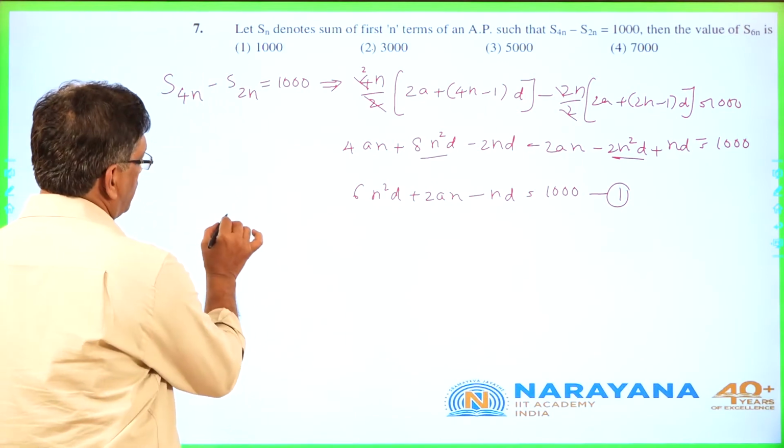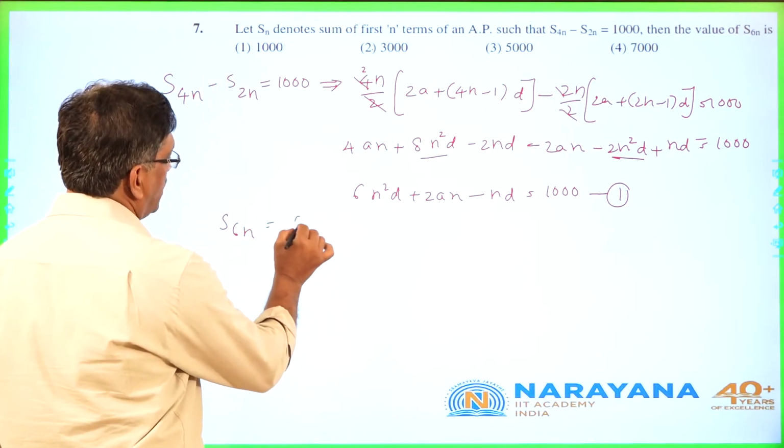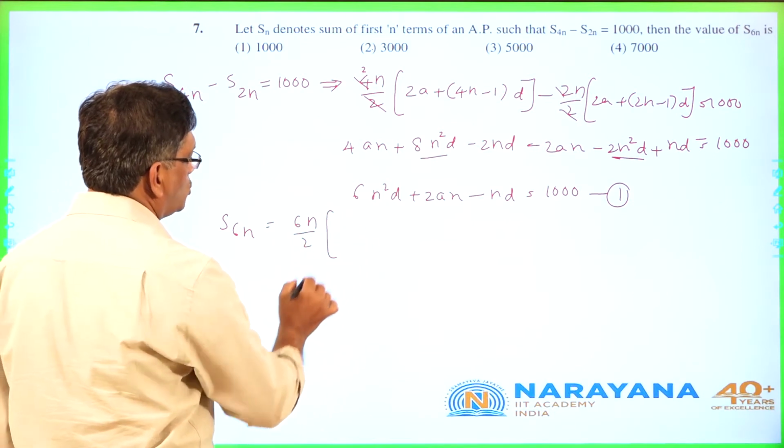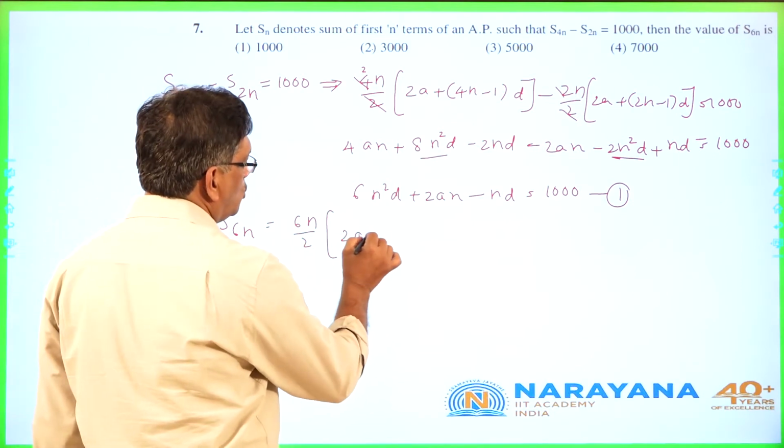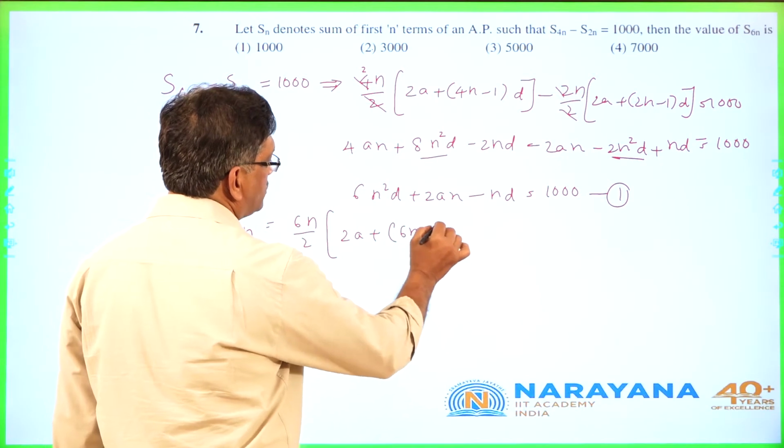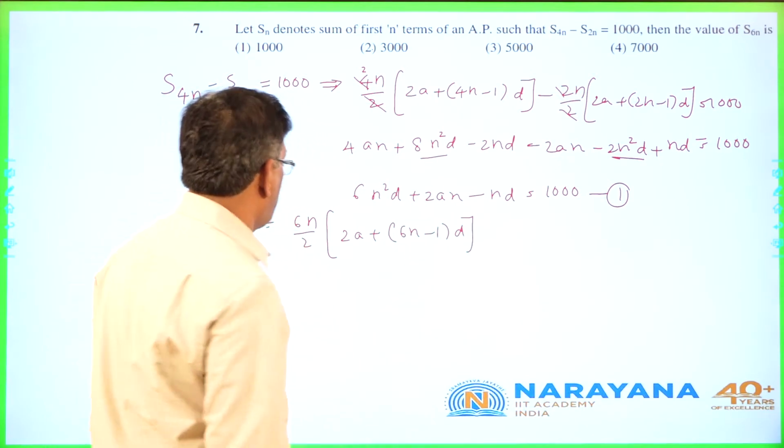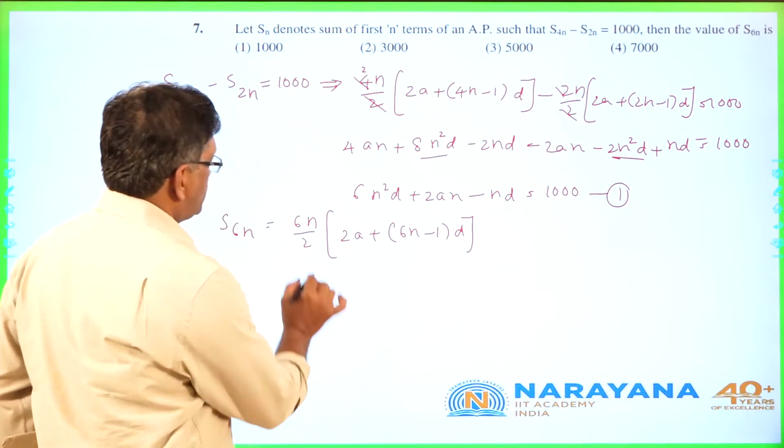He is asking S6n, that is 6n by 2 into 2a plus 6n minus 1 into d, right? So let us check this one.